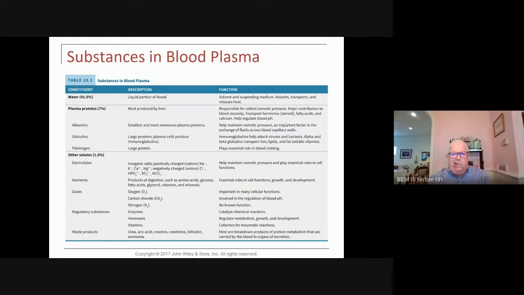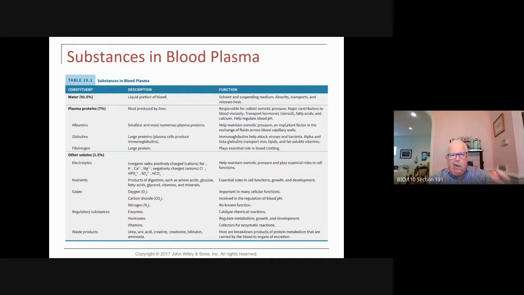Here is a chart that really kind of says what I've already said about water and plasma proteins. But I told you I would talk about the other solutes that are in plasma. This is a picture of blood plasma.